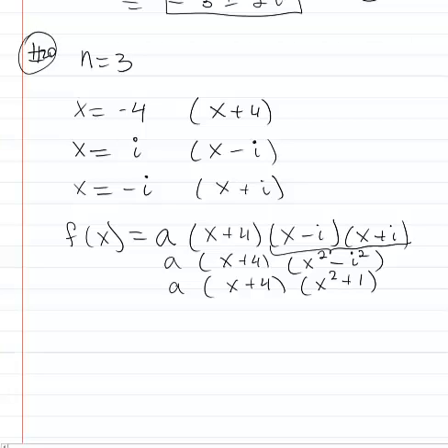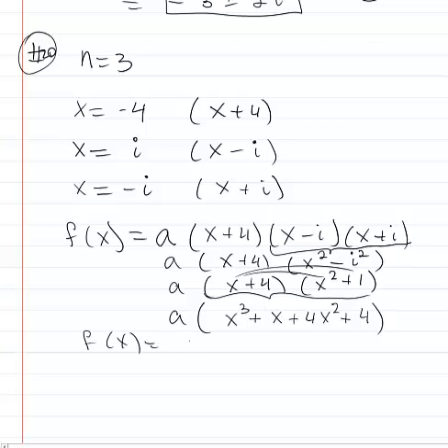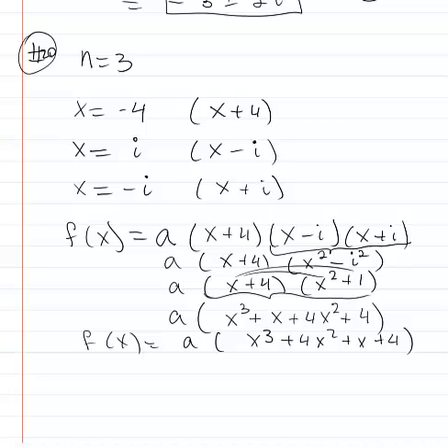Next, I'm going to multiply these polynomials. I'm going to keep the a, so it's going to become x cubed plus x plus 4x squared plus 4. Now let me write that in descending order. So x cubed plus 4x squared plus x plus 4. Now the question is, what would be the leading coefficient, right?